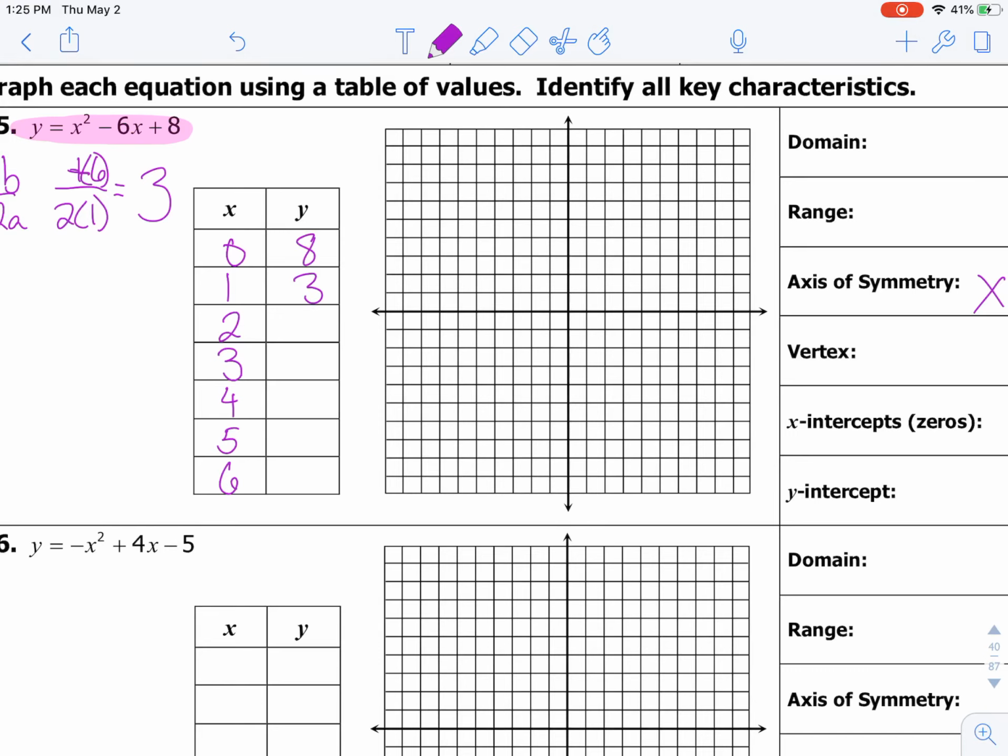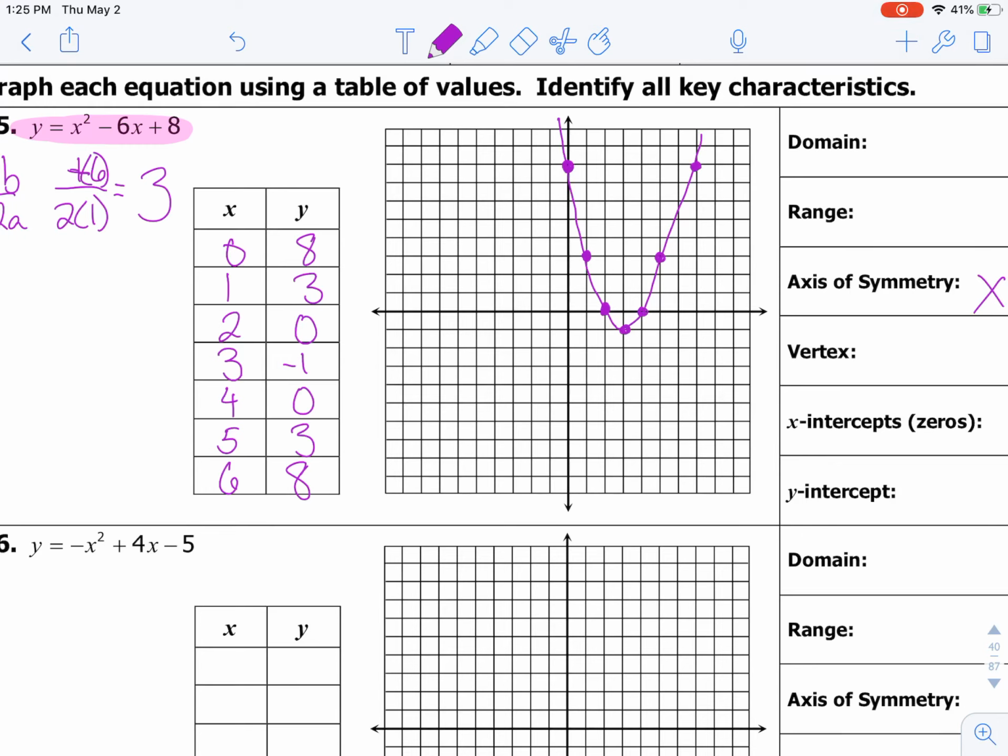So x is 0, 1, 2, 3, 4, 5, 6, and y is 8, 3, 0, negative 1, 0, 3, 8. I have this nice little parabola.